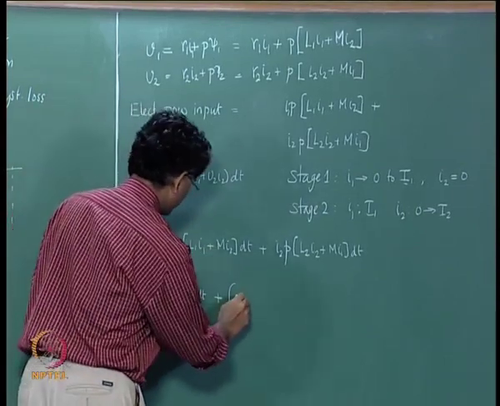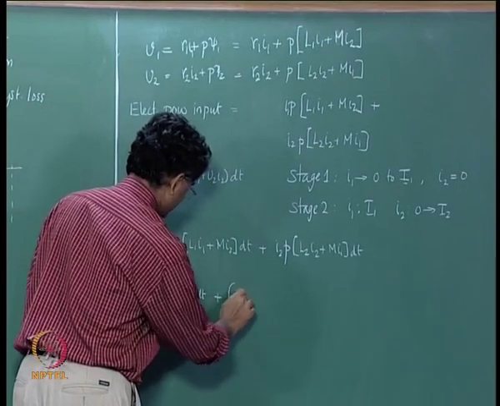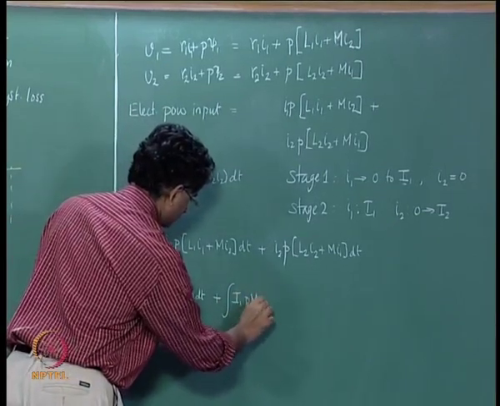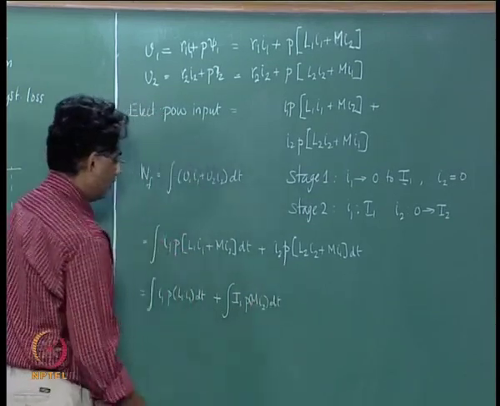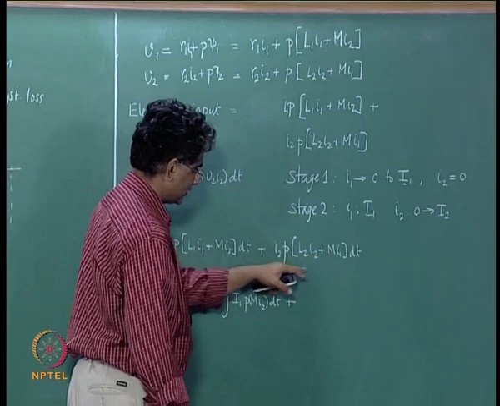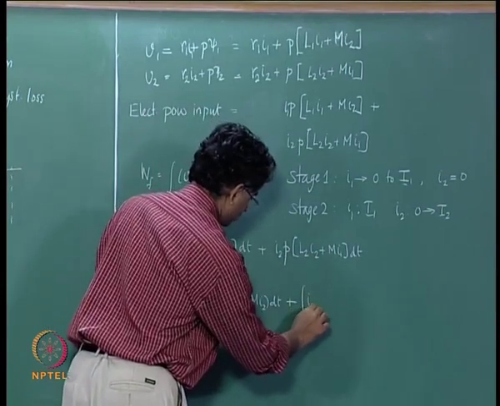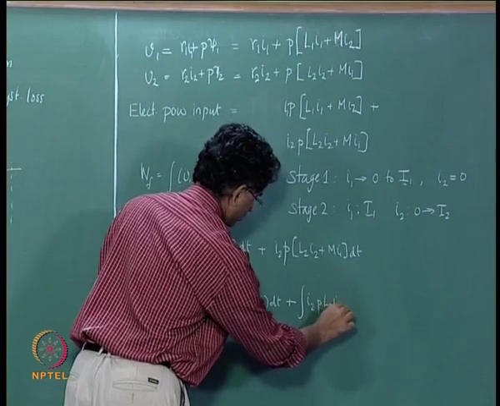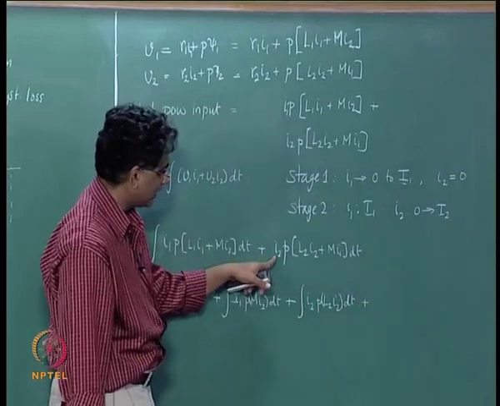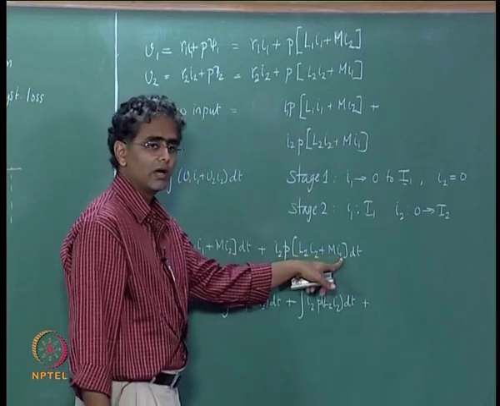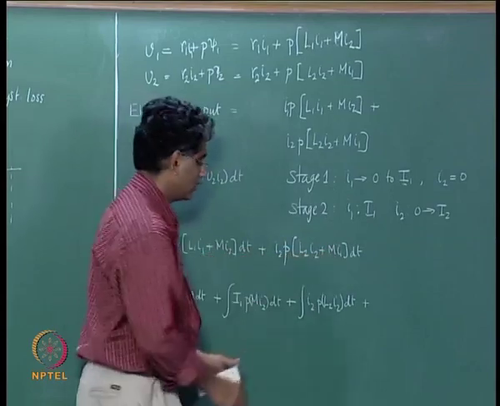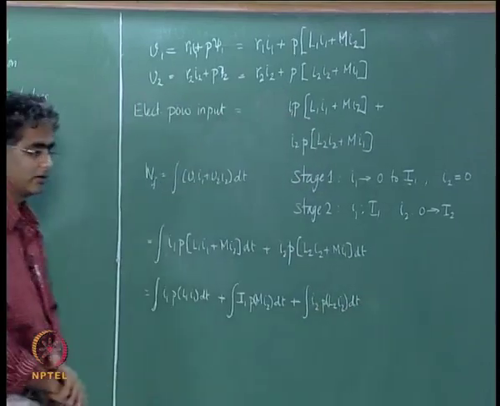The second expression however is, I1 has now reached a value I1, and then you have P of M I2 dt, plus in the second stage this term is definitely there, so you have I2 into P of L2 I2 dt, plus I2 P of M I1, I1 being fixed at this value equal to capital I1, P of M I1 is 0 and therefore there is nothing more to be done.